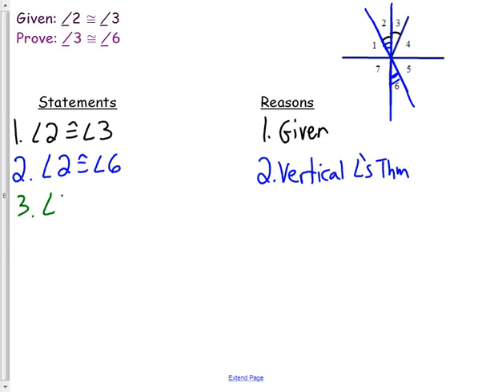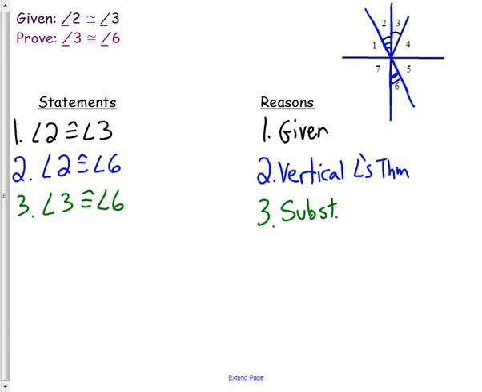So our last step will be angle 3 is congruent to angle 6. And our reason being, 2 ways you can go on this. You can simply say I'm substituting the fact that angles 2 and 6 are congruent from line 2 and putting in angle 6 in line 1, and that's how I'm using substitution.